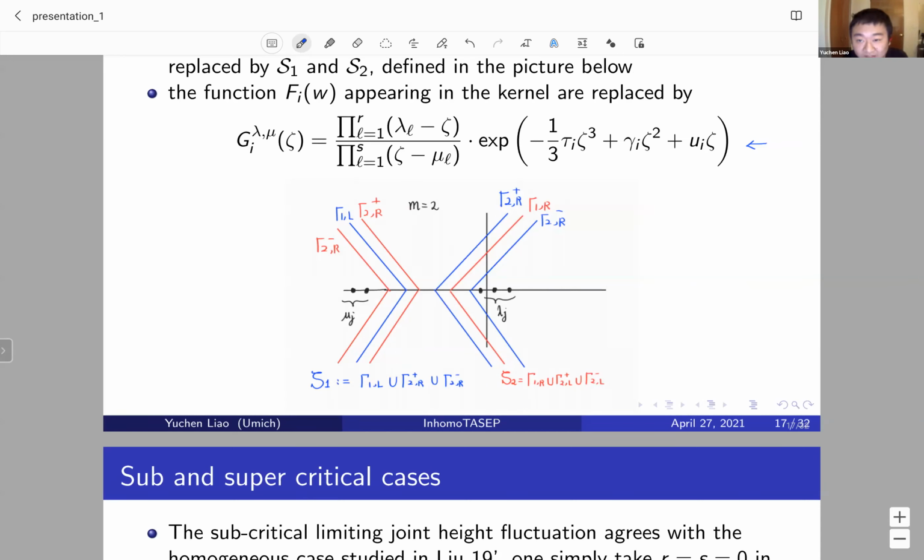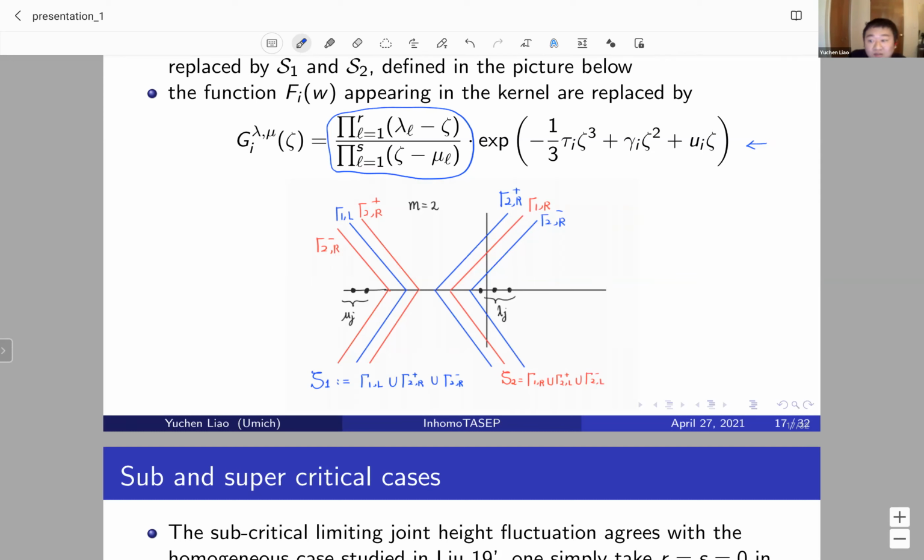This rate function encodes the time parameter tau, the spatial parameter gamma, and the parameter u describing the fluctuations essentially. And there is this finite rank rational factor corresponding to some deformation of it.